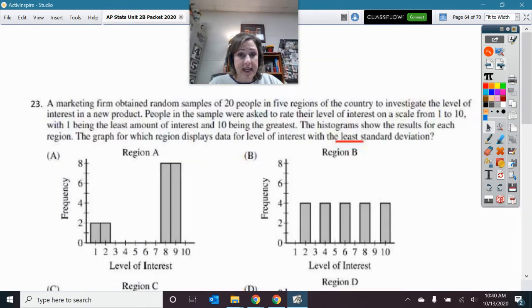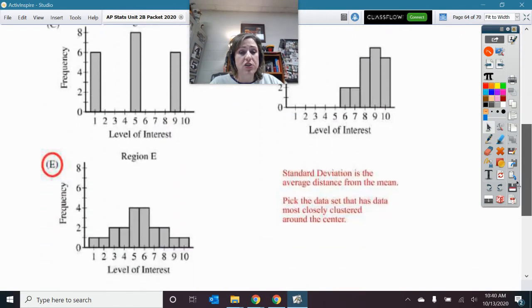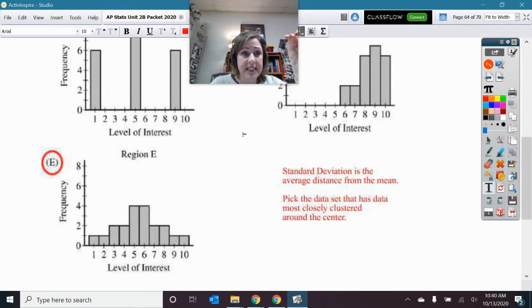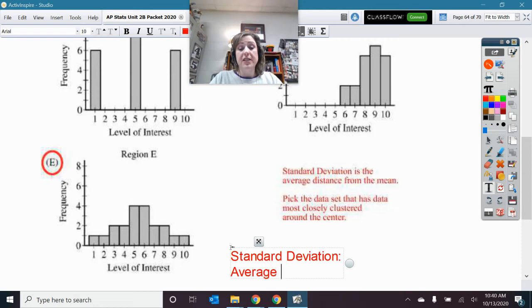All right, next, which one has the smallest standard deviation? That would be the one most closely clustered to the center, because make sure we know standard deviation is the average distance from the mean. So the definition is the average distance from the mean.